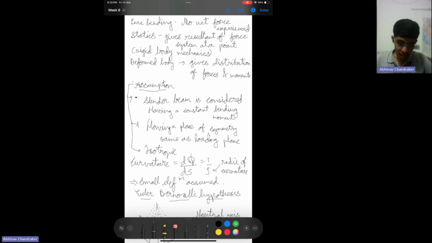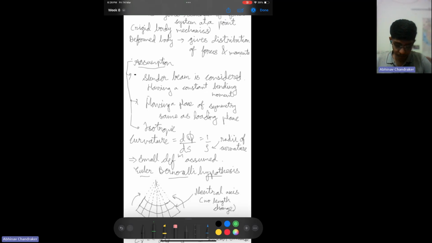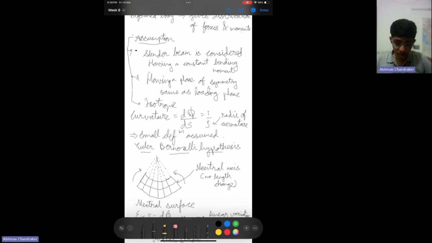Also here, for now we are assuming pure bending to keep it simple and understand what kind of stress state is present in case of pure bending of a member. Also we are assuming symmetry: the plane of symmetry of the cross section of the member is the same as the loading plane.